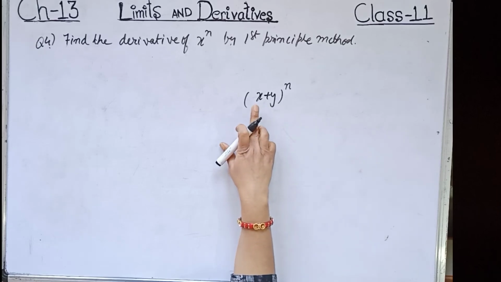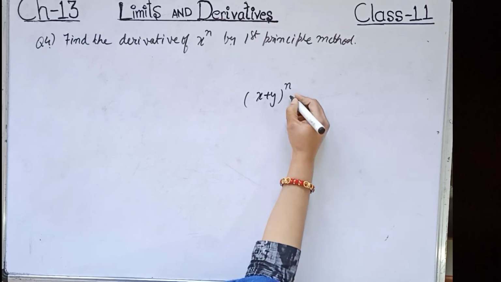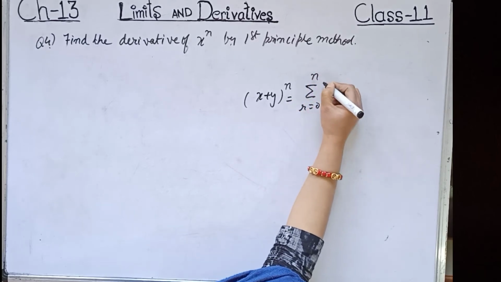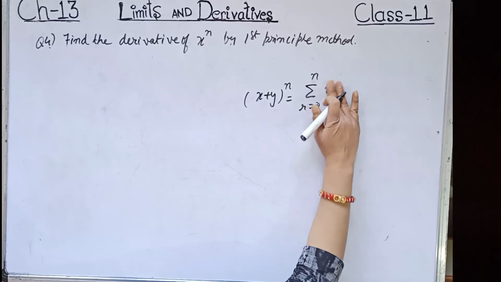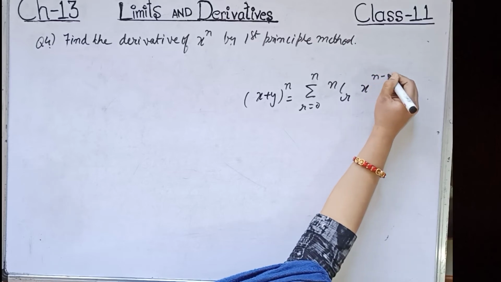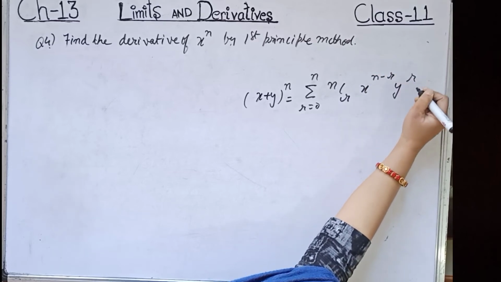And the binomial theorem says that (x + y)^n equals summation r equals 0 to n of nCr x^(n−r) y^r.